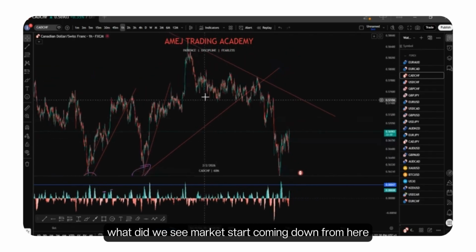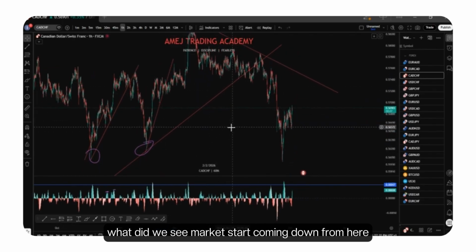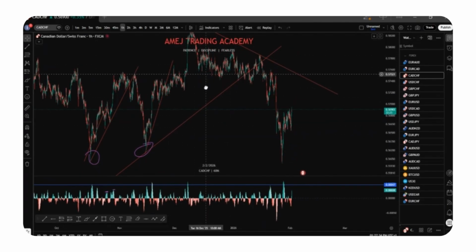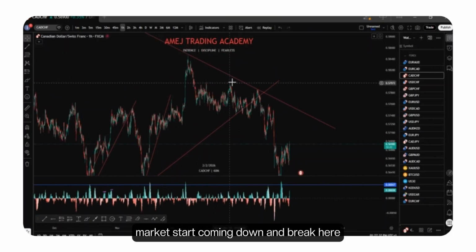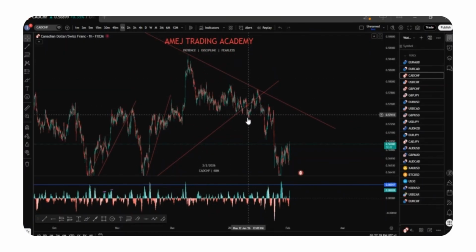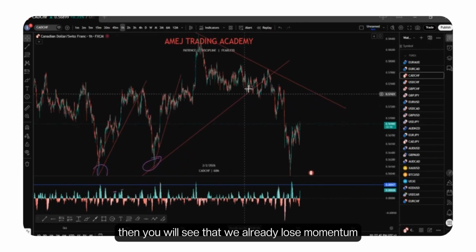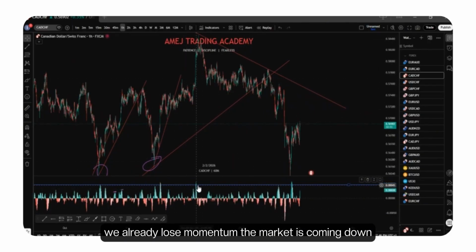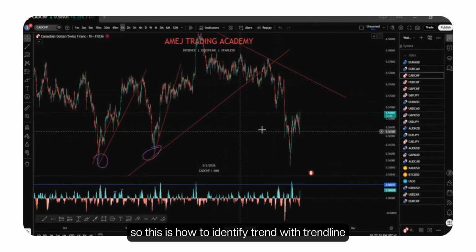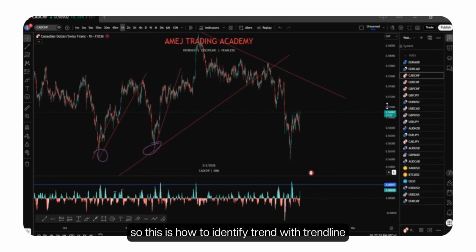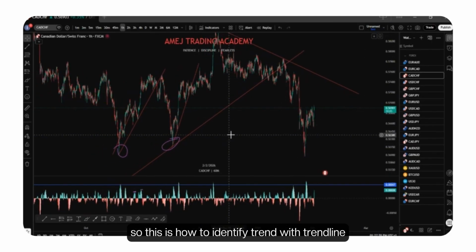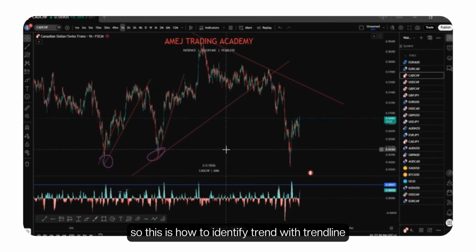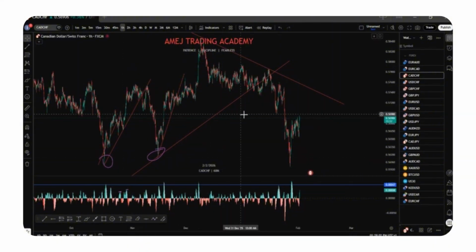The market starts coming down from here and breaks here. Then we will see that we already lose momentum. Even before the market gets to this place, you already lose momentum. The market is coming down. So this is how to identify trend with trend line and MACD.